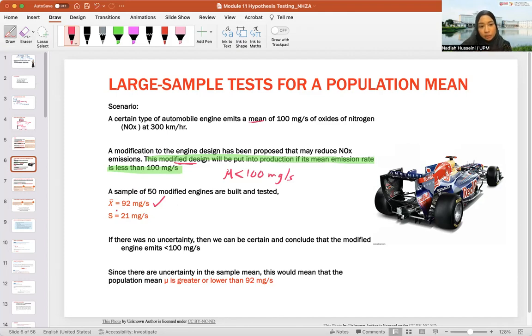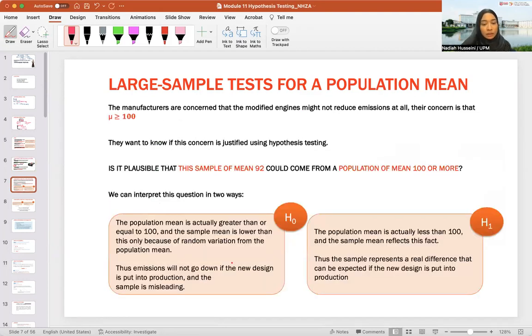The keyword here is whenever you have a standard deviation, you will always need to find out whether the population mean is greater or less than 92, or greater or less than the sample mean. If there was no uncertainty, then we can be certain and conclude that the modified engine emits less than 100 milligram per second. Since there is uncertainty, we know that the population mean is greater or lower than 92.